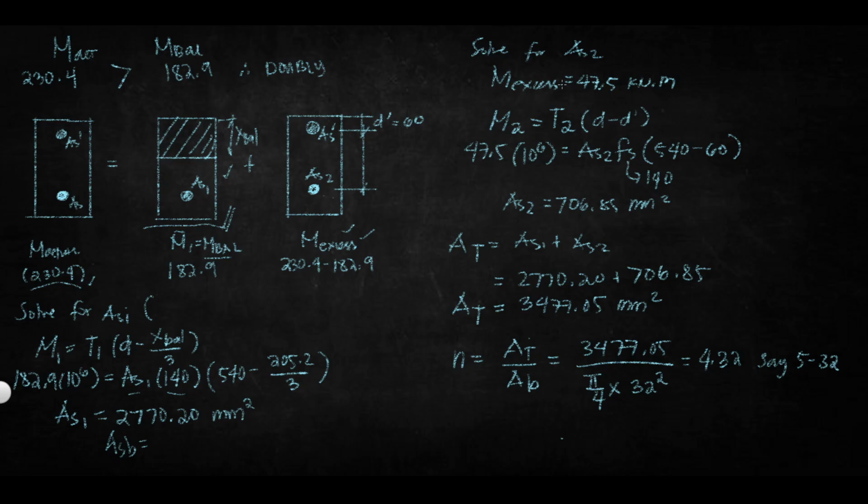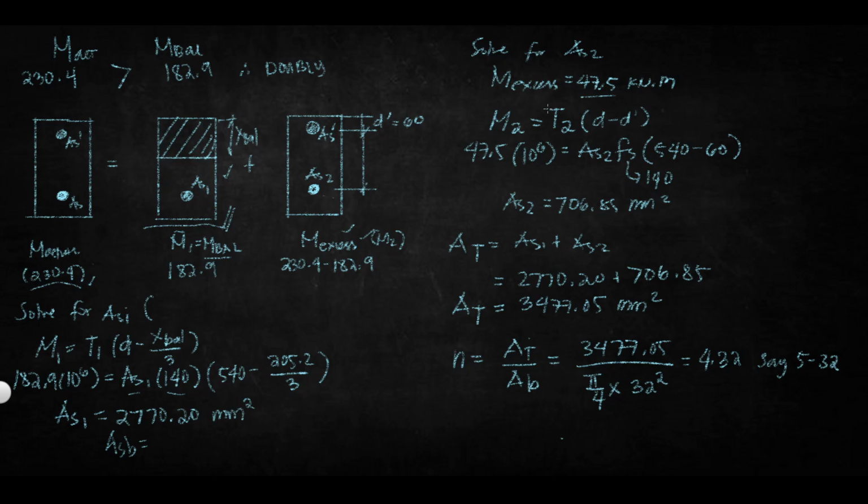So, that is 230.4 minus yung moments balance. Okay, so moment balance, we have 182.9. So, 230.4 minus 182.9, we will have an answer of 47.5 as your MXS, or let's say this will be your M2. Tama?